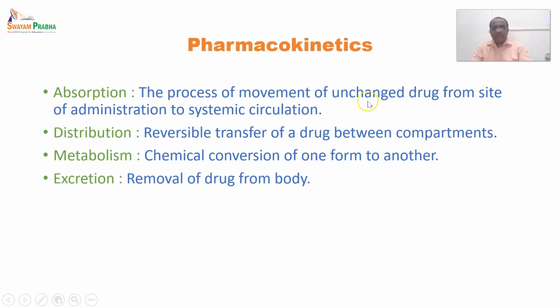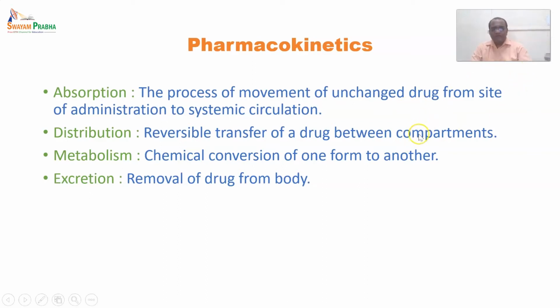So here it is important to understand that whenever a drug is designed, it should be designed in such a way that partly it is ionic and partly it is lipophilic, or we can say the hydrophilic and lipophilic balance should be adjusted.